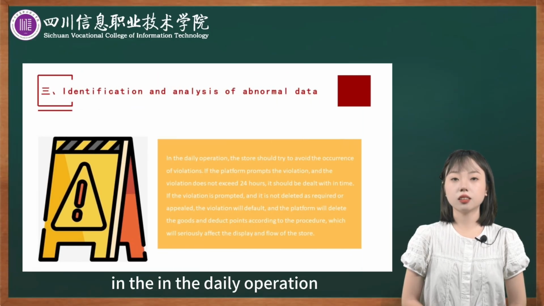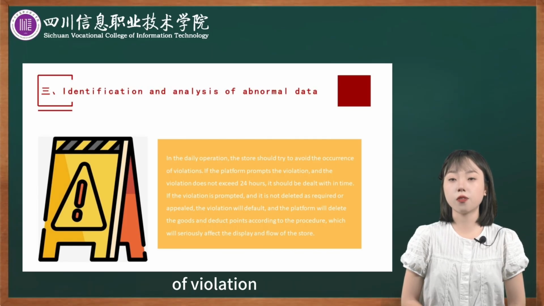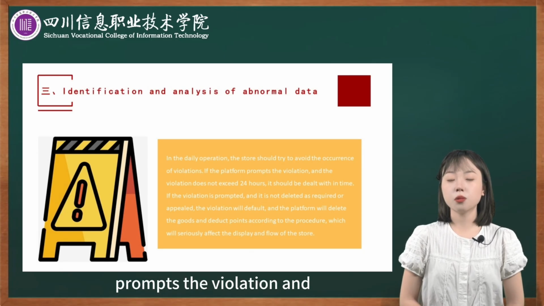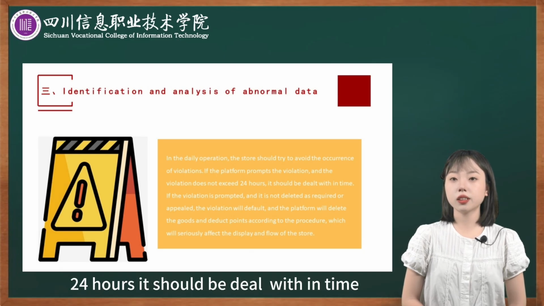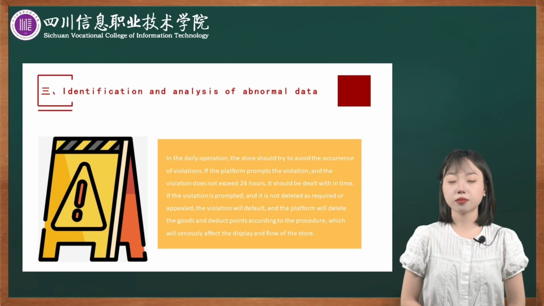In the daily operation, the store should try to avoid the occurrence of violations. If the platform proves the violation and the violation does not exceed 24 hours, it should be dealt with in time.